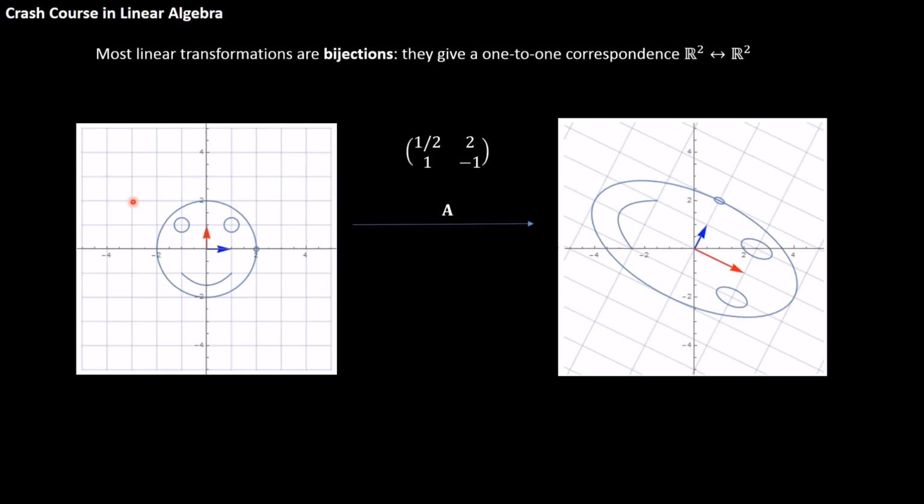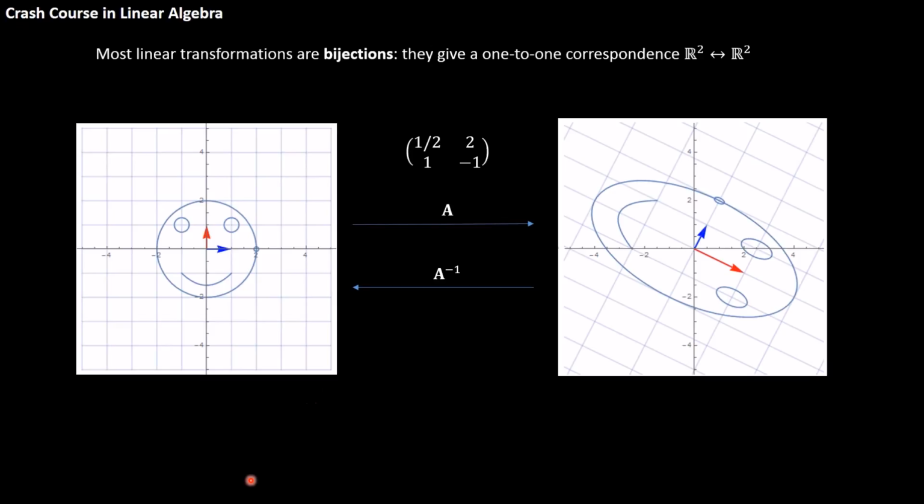Not all mappings are bijections. In fact, not even all linear transformations are bijections. But if you do have a bijection, then you can also define what's called an inverse map, which is the mapping that takes points over here and maps them back to the points that they came from. That's called the inverse map.